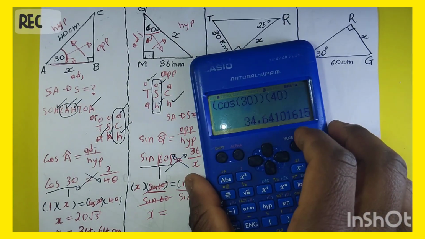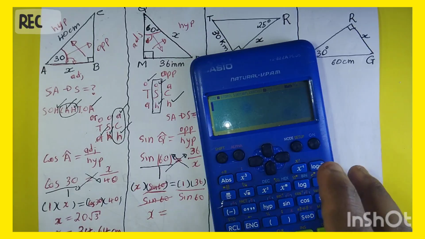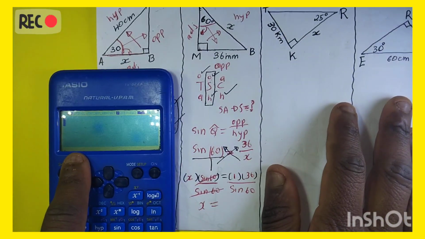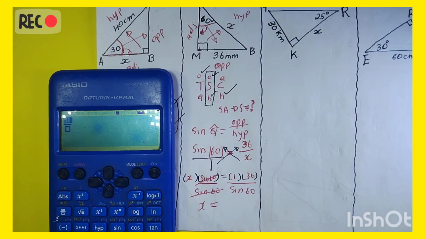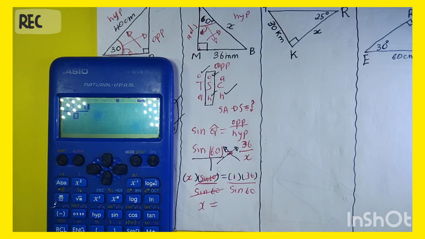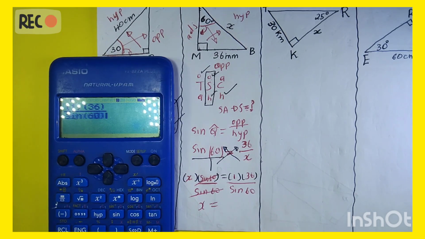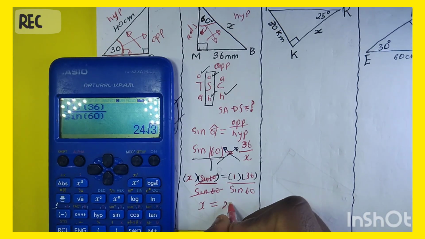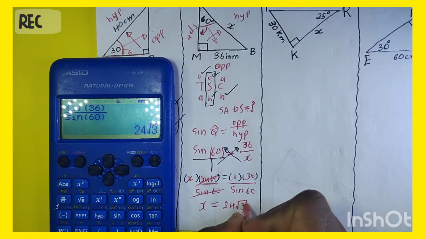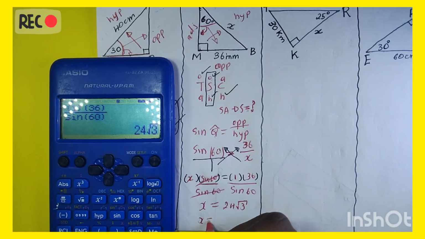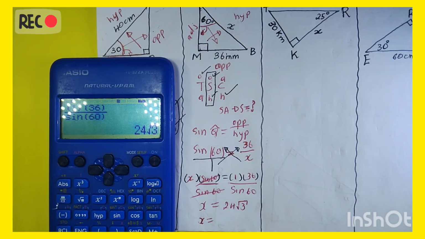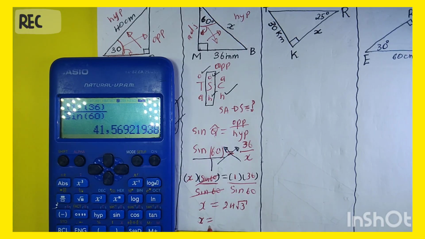Now you can press your calculator: open bracket 36 close, divided by sine 60. I get that in surd form, but I can even write it in decimal form, so we press the estimate button.